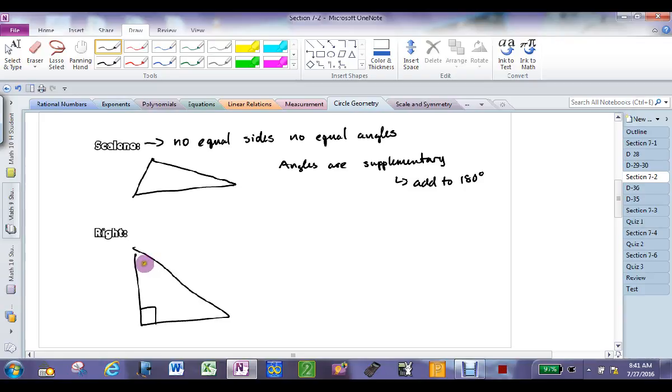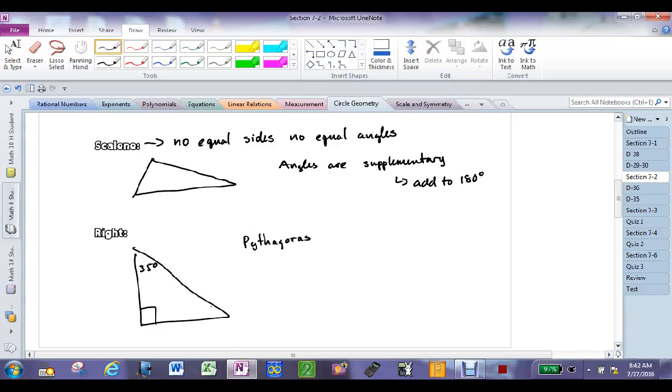So what are stuff we know about a right triangle? Well, first of all, we know Pythagoras. I'm just going to write it down. You remember what Pythagoras is. We know that. But here's something that people often screw up. If I say this is 35, do you automatically know the third angle? Yeah, because what is it? 55.